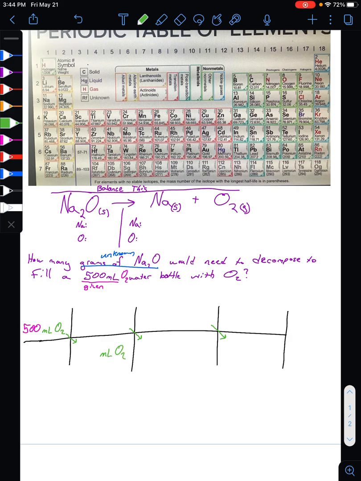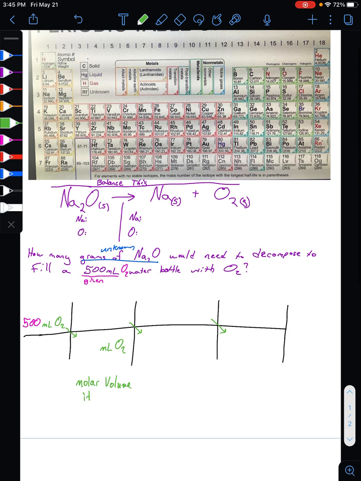All right? So following that, I go milliliters O2. Well, what do I have that can convert volume to moles? Well, we've got molar volume. So if we do molar volume, the ideal gas law, we can figure this out.